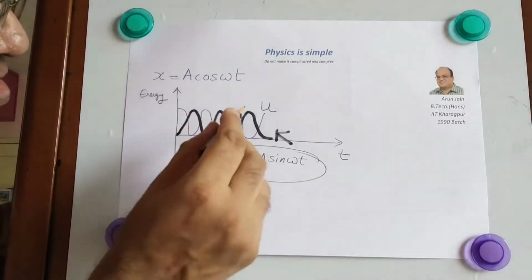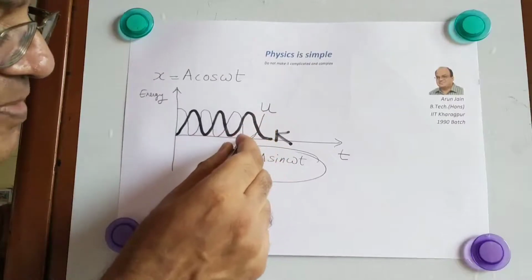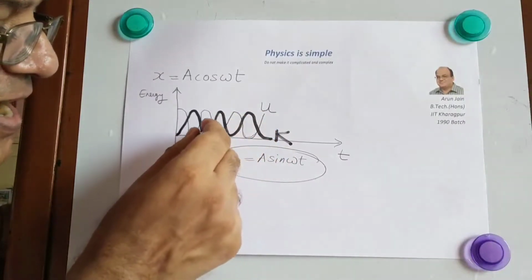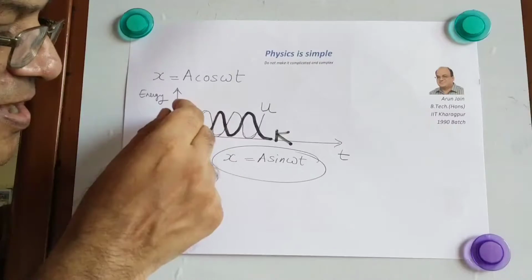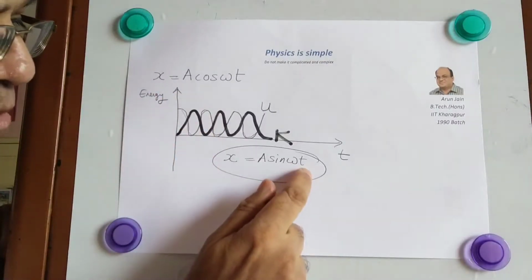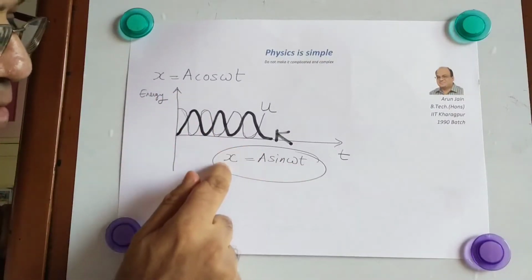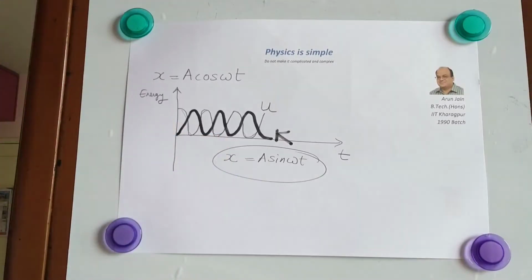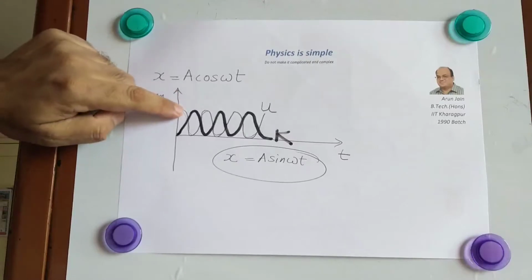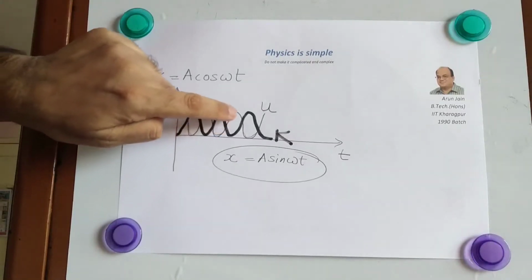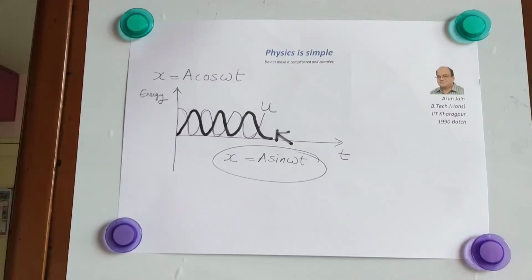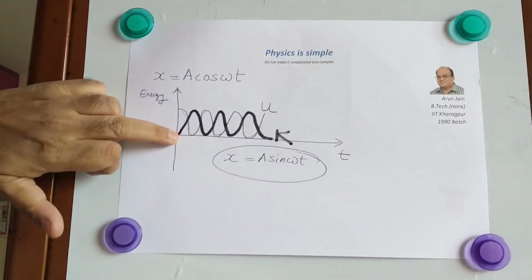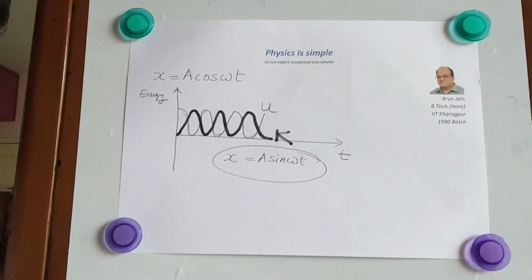Whatever we have written as potential energy will become the graph for kinetic energy, because now at t equal to 0, x is 0, at the mean position, the kinetic energy is maximum. So this thin line now represents kinetic energy, and at the mean position, potential energy is minimum. So this black line will represent potential energy.